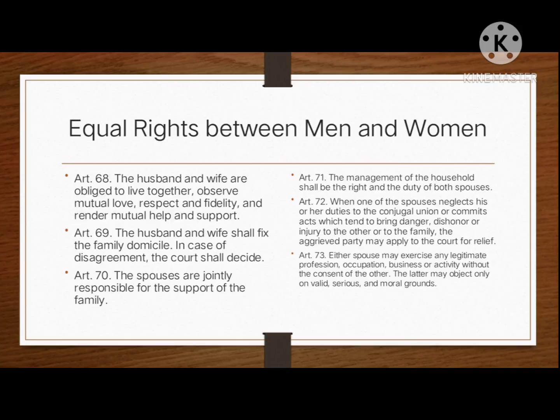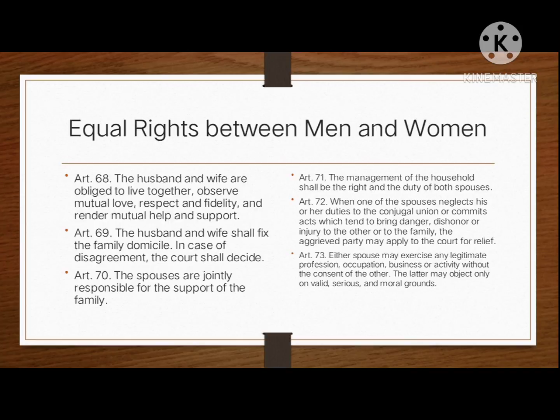Either spouse may exercise any legitimate profession, occupation, business, or activity without the consent of the other. The latter may object only on valid, serious, and moral grounds. So, each spouse has the right to exercise a legitimate profession without the consent of the other, as long as it doesn't bring dishonor or break up the marriage of the spouses.